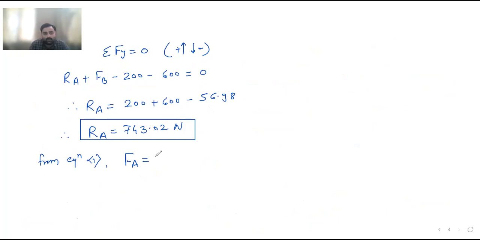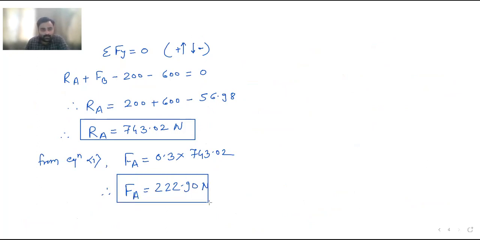So FA is equal to 0.3 into RA, which is 743.02. Therefore FA is equal to, what is the answer? 222.90. 222.90 Newton. So this is the value of FA.